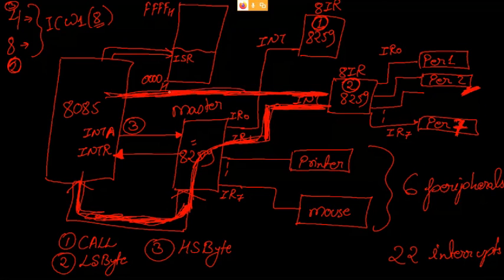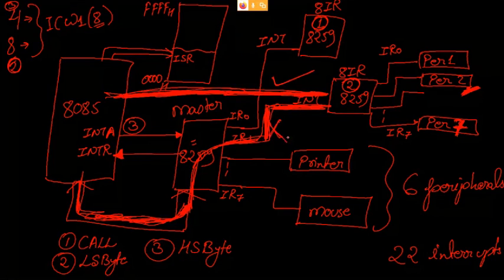While serving the interrupt, the master is bypassed, and this is correct. The slave is directly served by the 8085, not via the master.